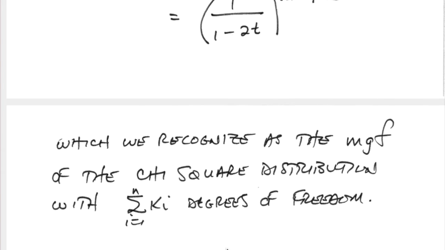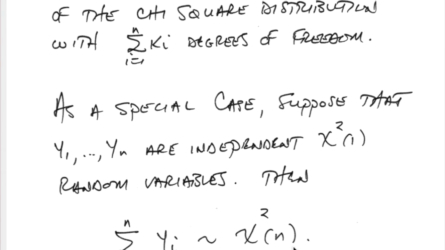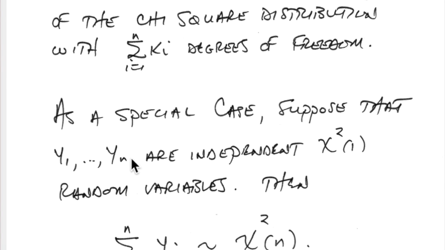Now, as a special case, let's suppose that these y's, y1 through y sub n, are independent chi-square random variables with 1 degree of freedom. So not only are they independent, but they all have the same chi-square distribution, the chi-square distribution with 1 degree of freedom. So they are in fact independent and identically distributed.